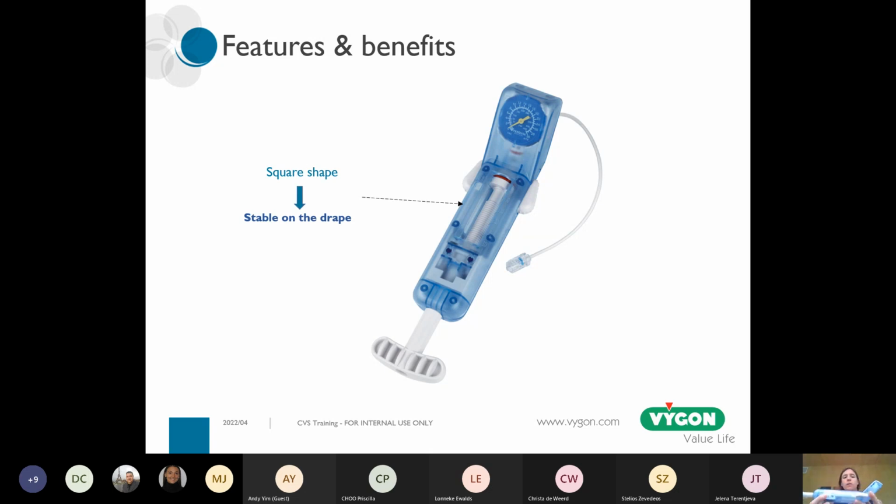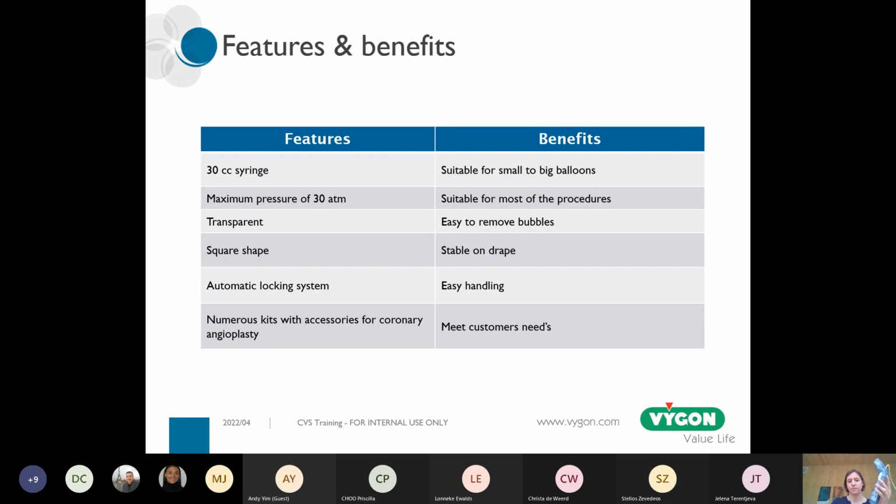As you can see, the Dolphin has a square shape, so it is very stable on the drape. And you have a T-shaped handle and a connection line with or without stopcock. I think I have given you all the benefits.